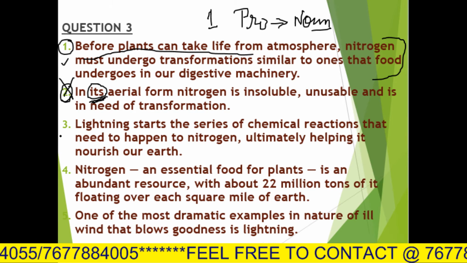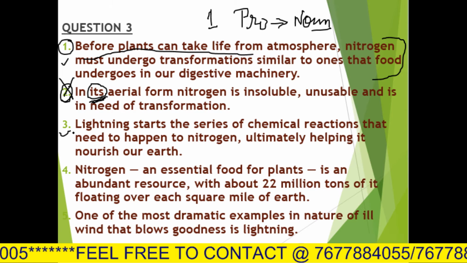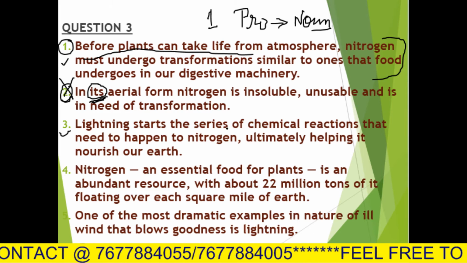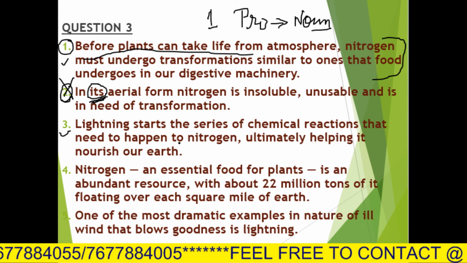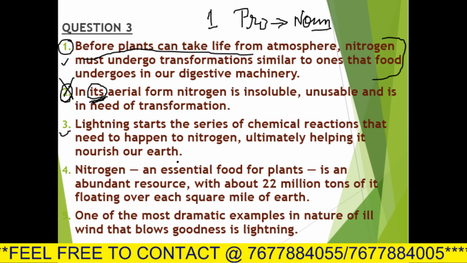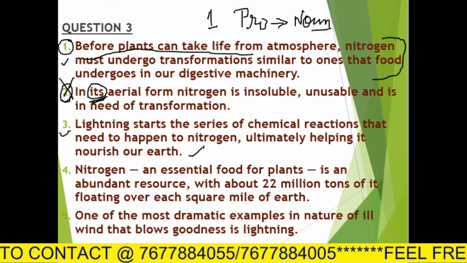Let's move on. Sentence number 3: Lightning starts the series of chemical reactions that need to happen to nitrogen, ultimately helping it nourish our earth. This can be the first one.